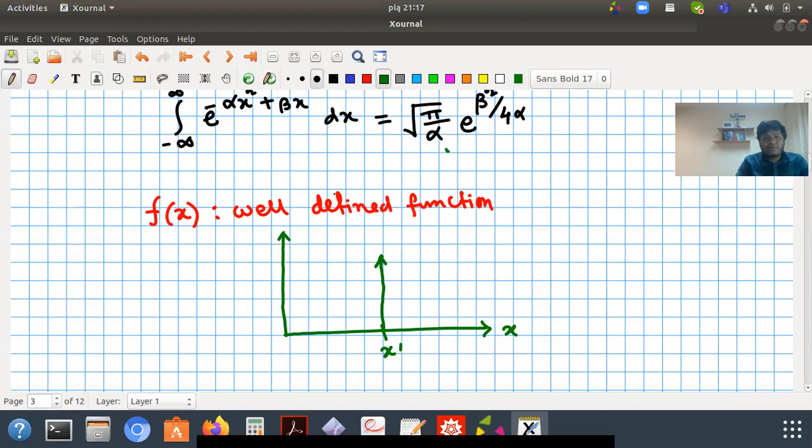Also, if we define the function f of x on the same plot, then the blue one is f of x, which is a well-defined function, and the green one is our delta function.